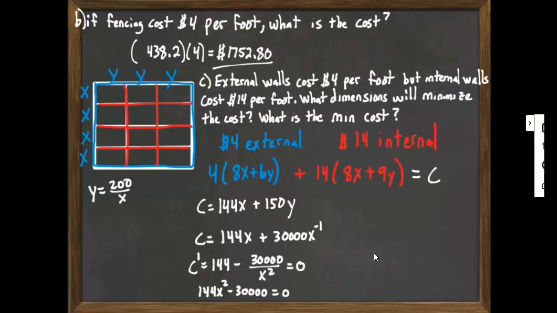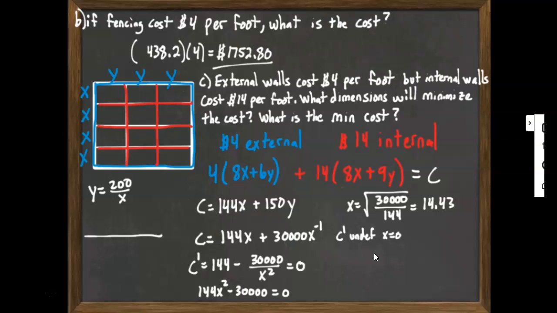We bring the 30,000 over, divide by 144, and take the square root of both sides. That gives us x equals the square root of 30,000 over 144, which is 14.43. We also have to ask, when is it undefined? It's undefined at 0.